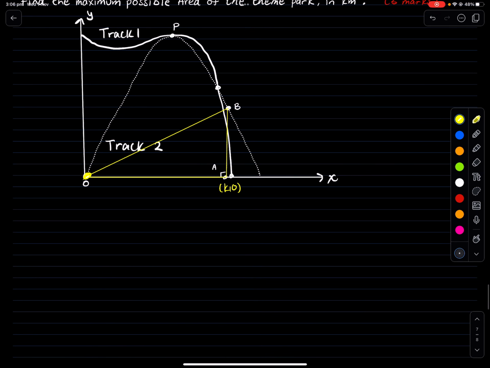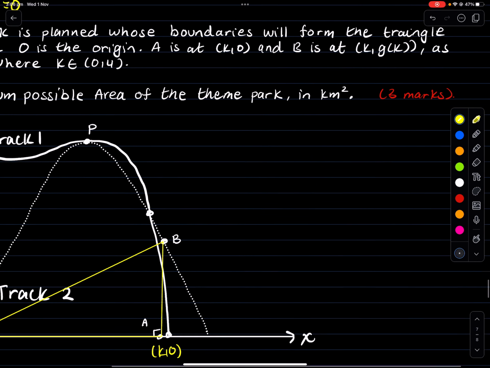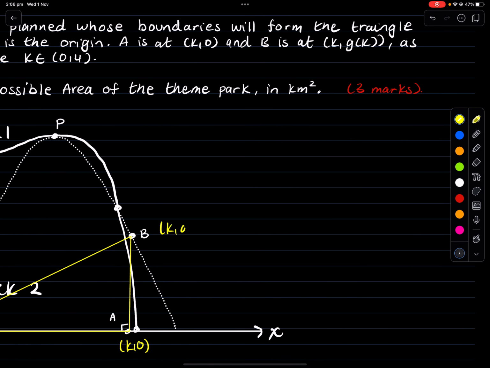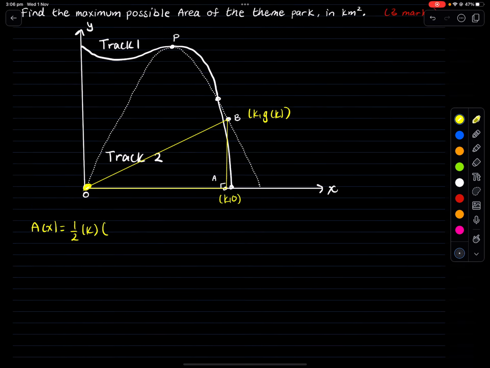So let's just write, what is the area first? So area in terms of k is what? Well, we know the area of a triangle is half base times height, so what's our base? So it'll be half, what's our base? It's k. What's your height? Your height, as is shown here, that B, this one is (k, g(k)), which is just g of k. And what's g of k?